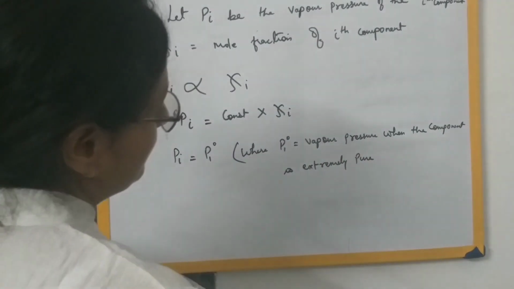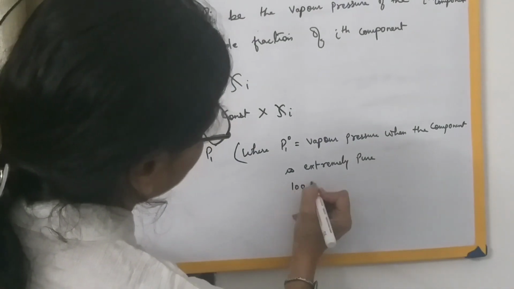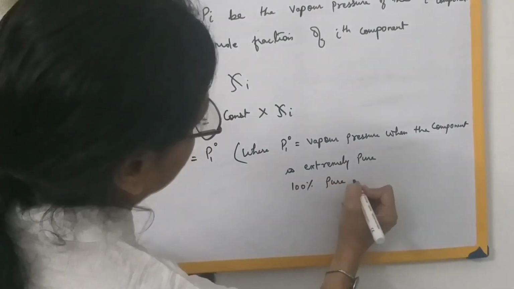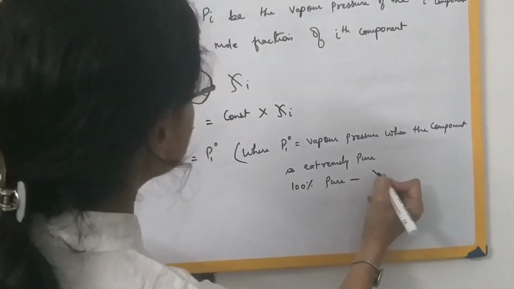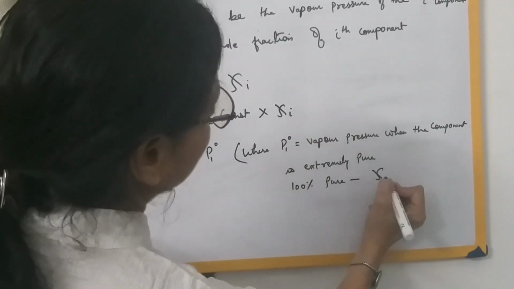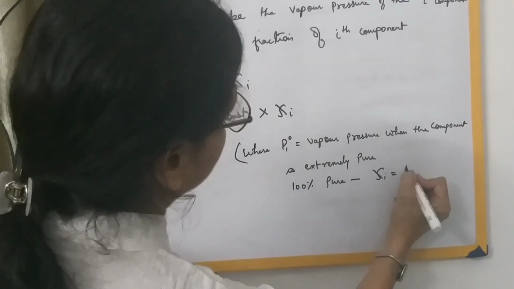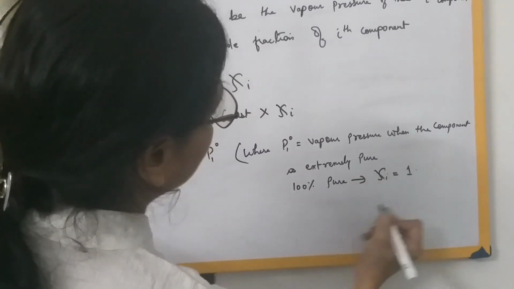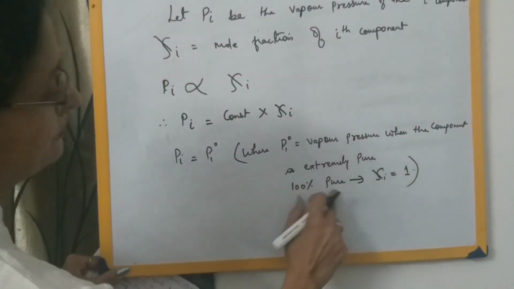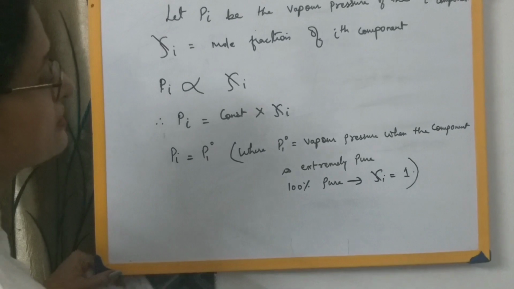If the component is 100% pure, then the value of chi i will be equal to 1.